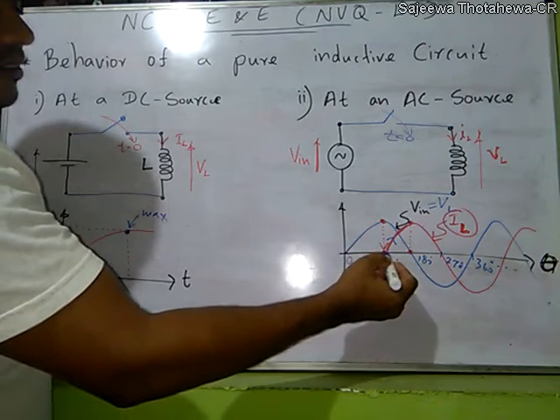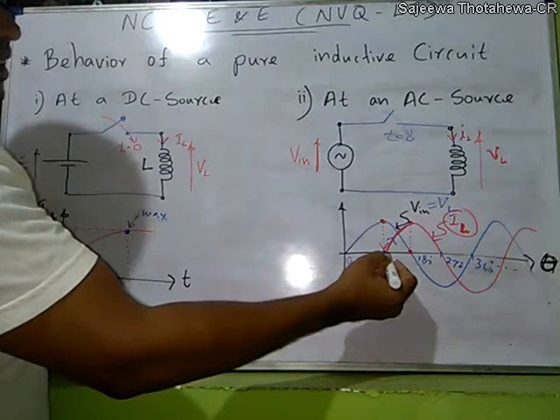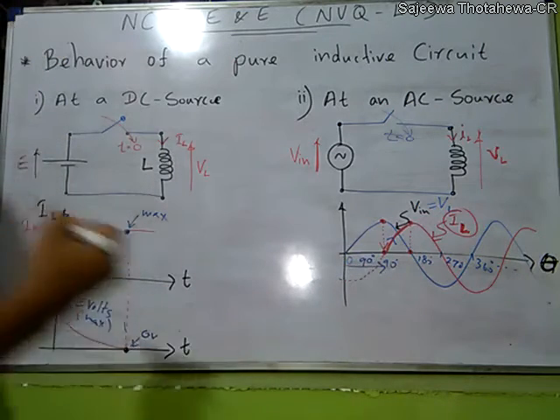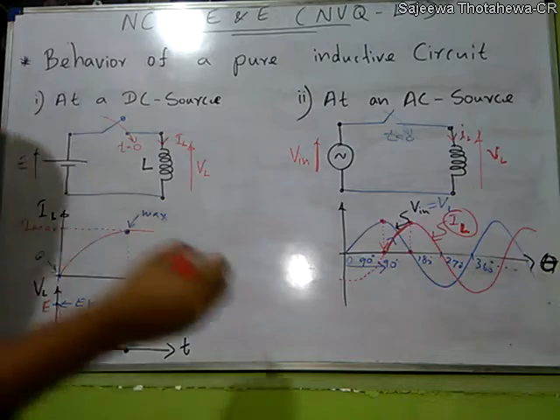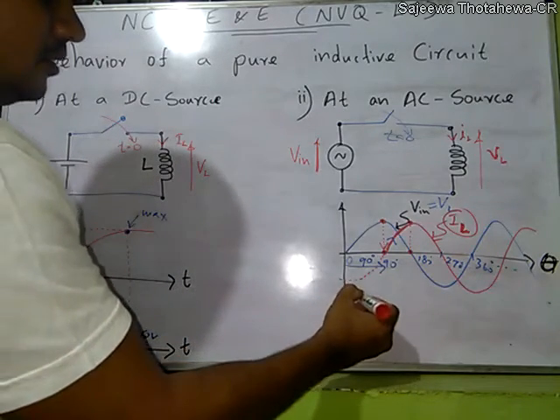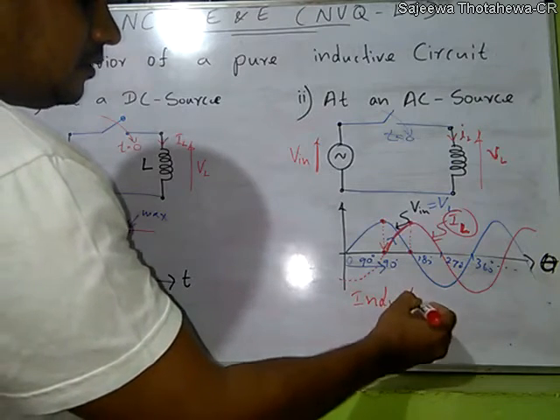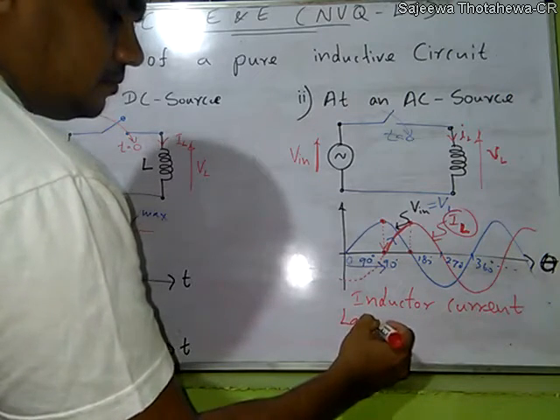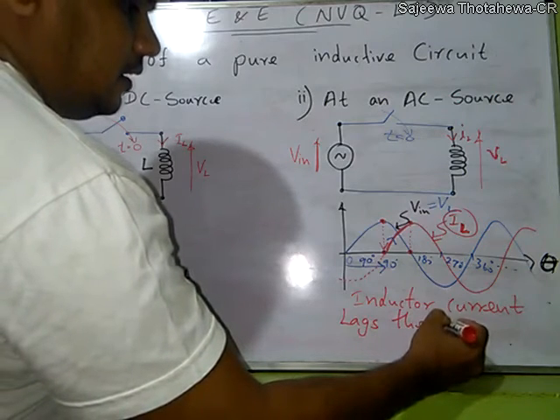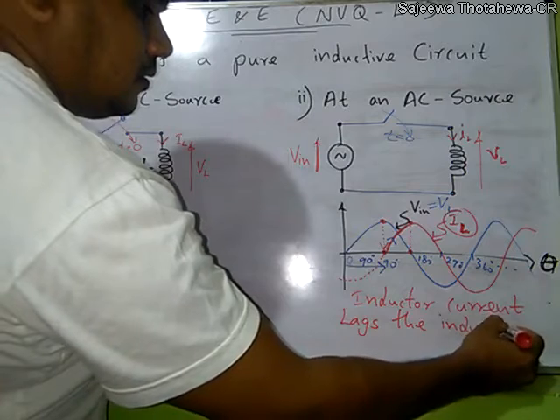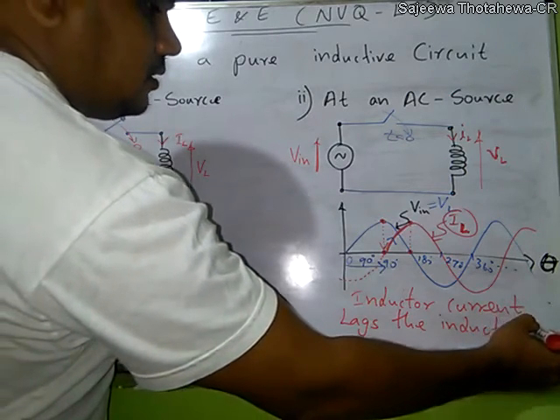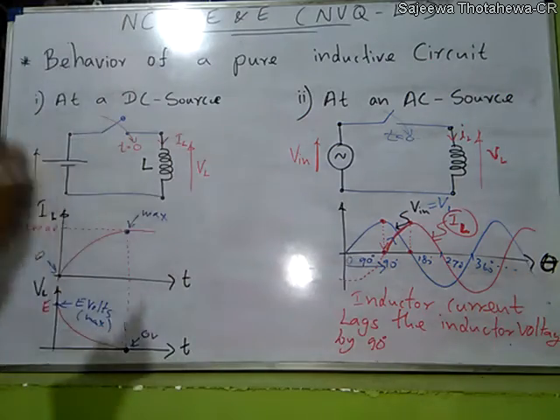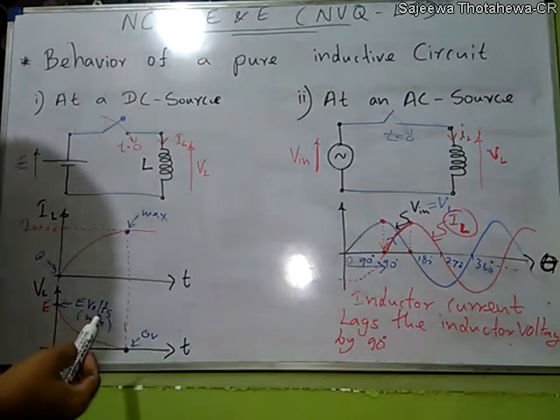So we can write here the inductor current lags the inductor voltage by 90 degrees. This is our final conclusion.